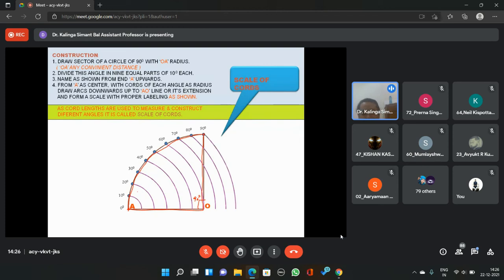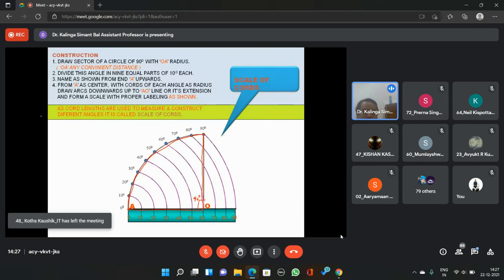Once we have drawn these, we draw the parallel line, complete the scale where the 90 is meeting, and then mark the scale: 0, 10, 20, 30, 40, 50, 60, 70, 80, 90.